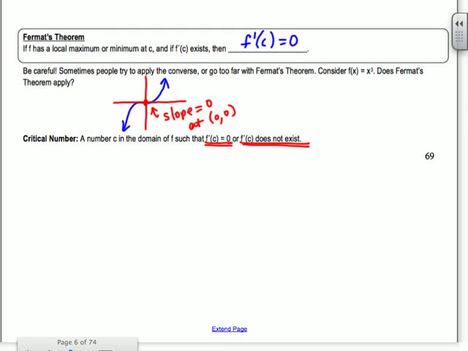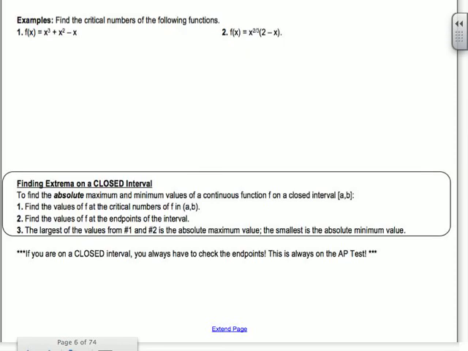Let's find the critical numbers of the following functions. Okay, so I take the first derivative. So I get 3x squared plus 2x minus 1. Try to factor. Does it factor?